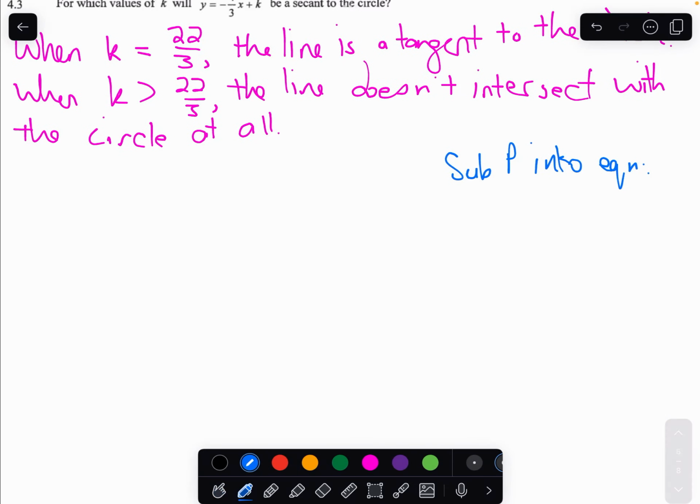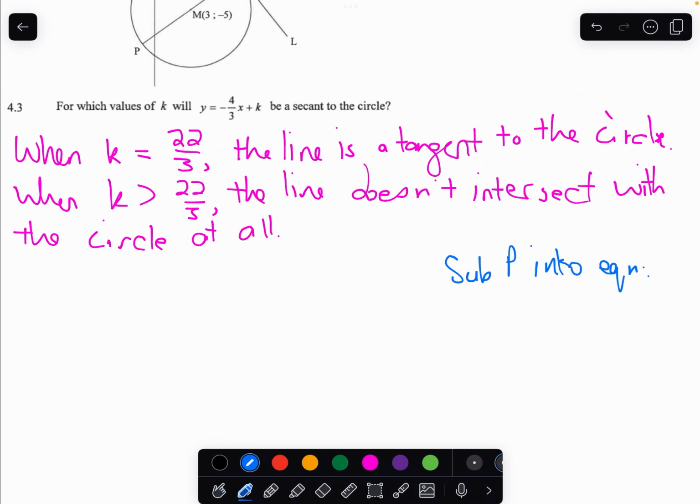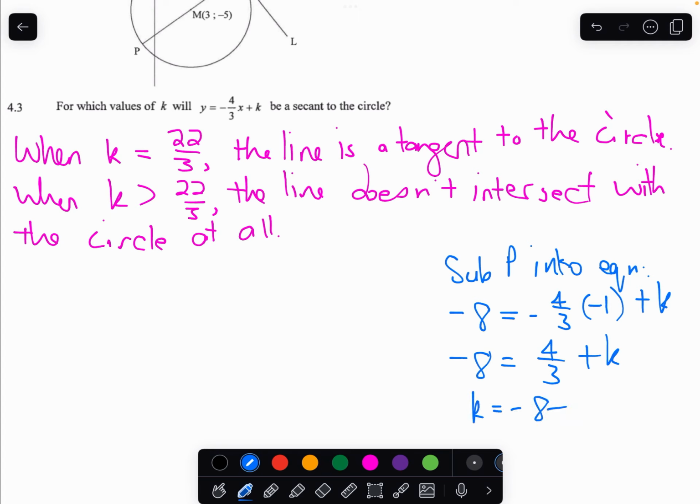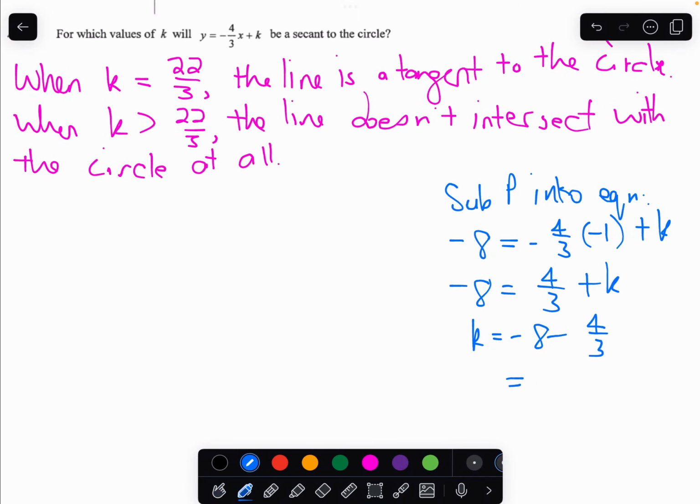Okay, so -8 is equal to -4 over 3 times -1 plus k. -8 is equal to +4 over 3 plus k. So k is equal to -8 minus 4 over 3, which is the same as -24 over 3 minus 4 over 3, which is -28 over 3.